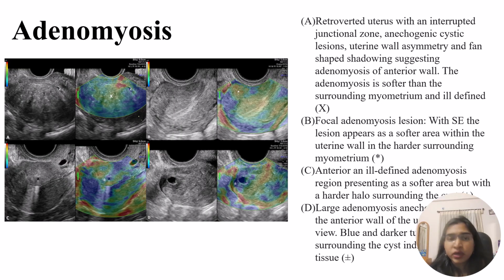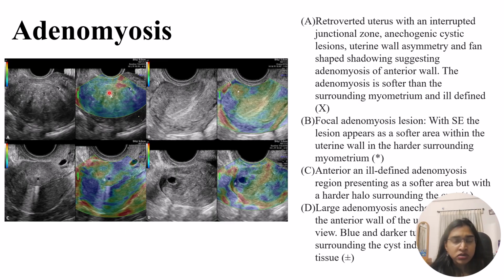Next is adenomyosis. See, this is the first picture. It is showing a retroverted uterus in which there is an interrupted junctional zone and echogenic cystic lesions, uterine wall asymmetry, fan-shaped shadowing that are suggestive of adenomyosis of the anterior wall. When we put the elastography, the adenomyosis is softer than the surrounding myometrium.